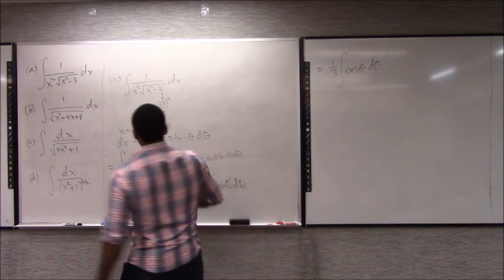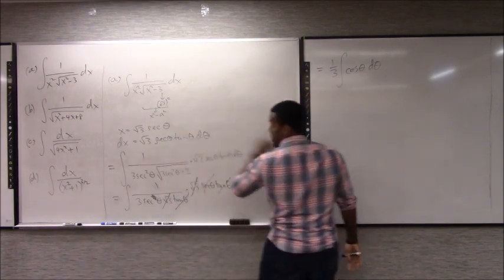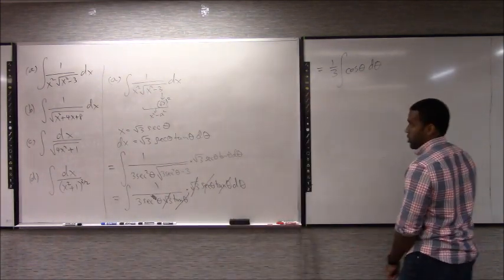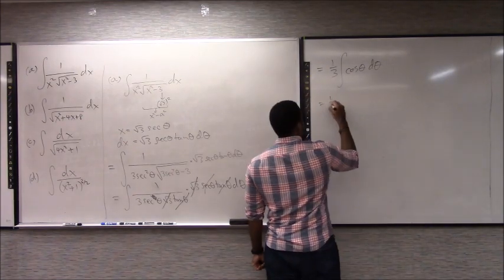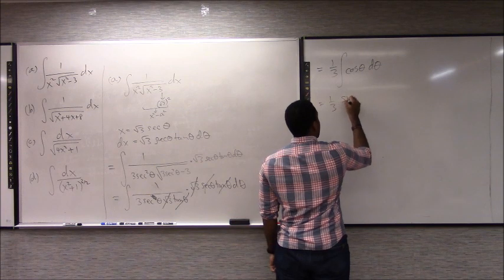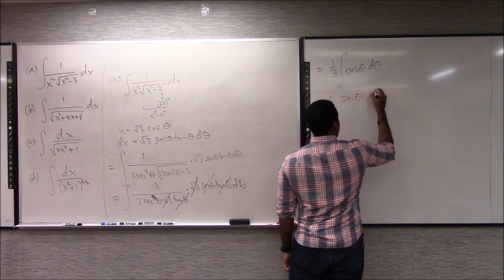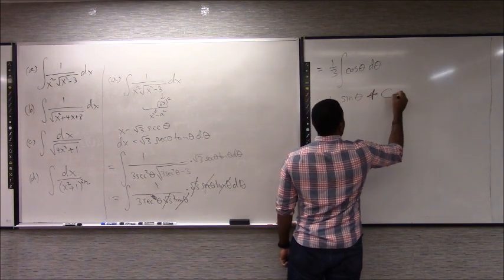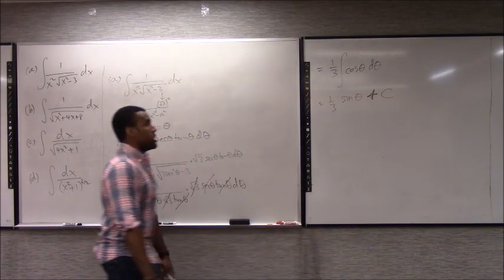So this reduces to cosine under the right trig sub, and hopefully you remember how to integrate cosine. What do you get? Sine theta plus C. However, we need to get back to x.